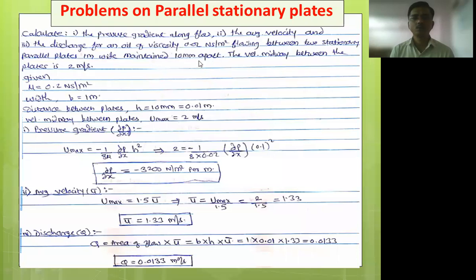So the distance between two plates is 10 mm, that is 1 centimeter.